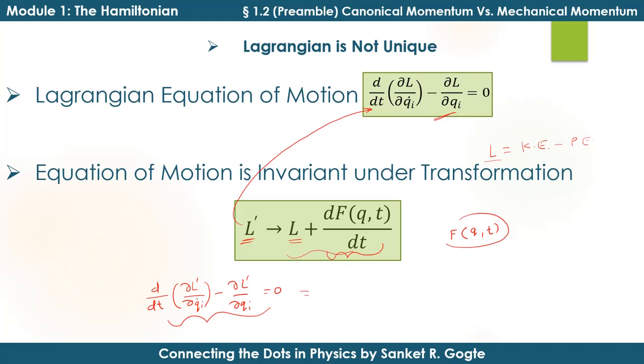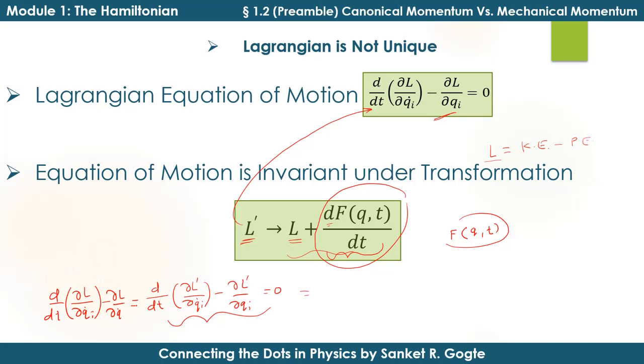You will get some terms, and then you have to prove that the terms which are added due to this second part df/dt actually add up to 0, and therefore everything due to this second term cancels out, and what you get ultimately is d/dt of ∂L/∂q̇_i minus ∂L/∂q_i. It's the same as this equation.